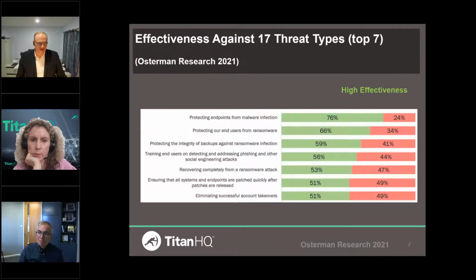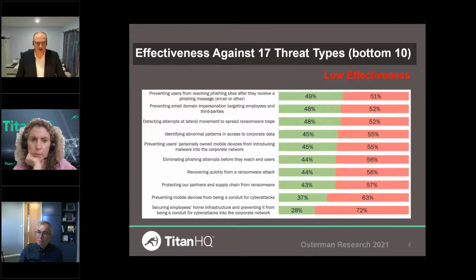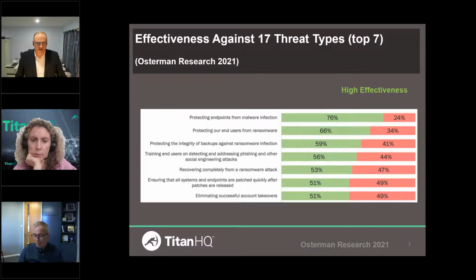Right, let's go to the first finding that we had from the research. There were 17 threat types that we asked about across the organizations. These are the top 7 that over half said they had high effectiveness in protecting against. 76% said they had high effectiveness in protecting endpoints from malware infection, in the ability to prevent that from happening.